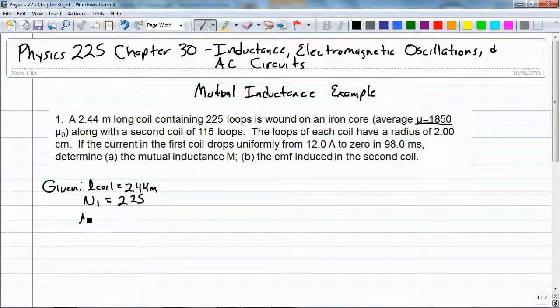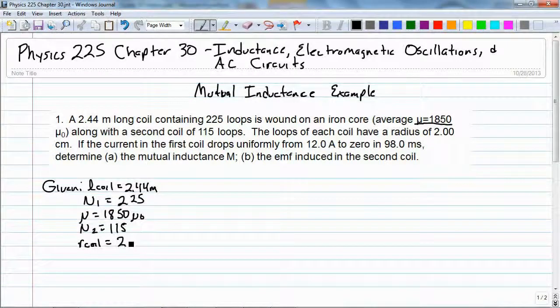Our mu value is equal to 1850 times mu naught. The number of turns in our second coil is 115. The radius of the coil is equal to 2 centimeters.